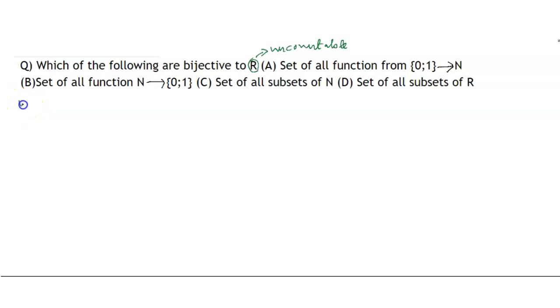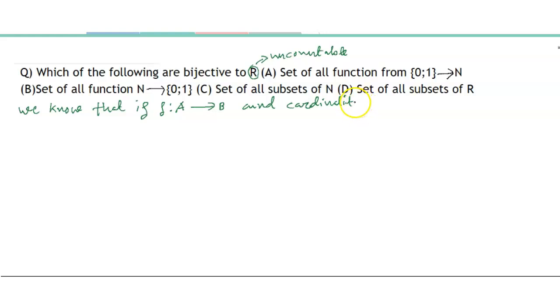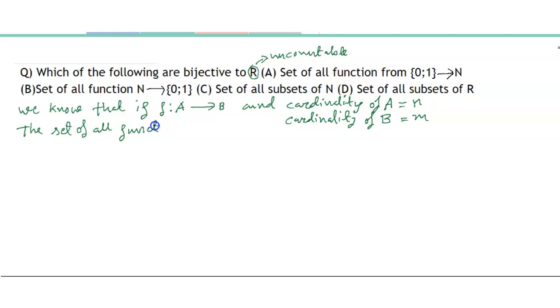Before this, we know that if A tends to B, with cardinality of A equal to n and cardinality of B equal to m, then the set of all functions is m to the power n.